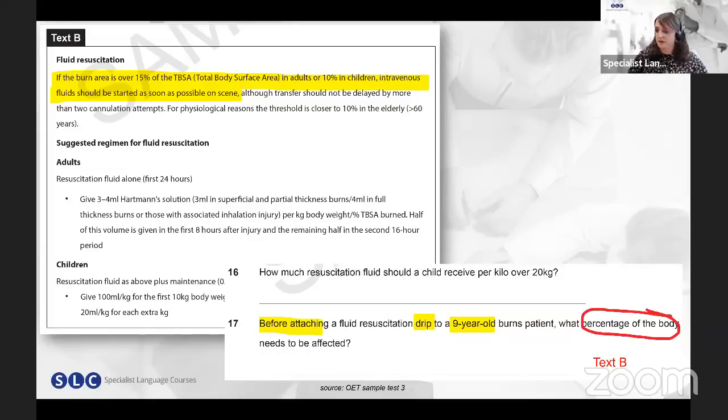Okay, great. So some of you are writing this as numbers, some of you are writing it as words. Okay, so our answer is 10%. Now, if you write it as words, it's correct. If you write 10%, it's correct. However, to be on the safe side, it's a good idea to copy what you can see in the text.